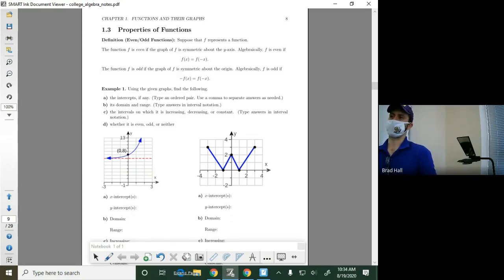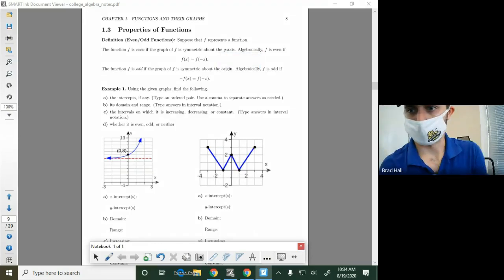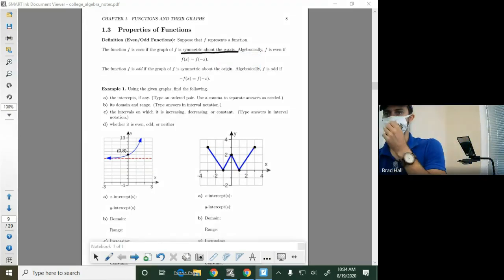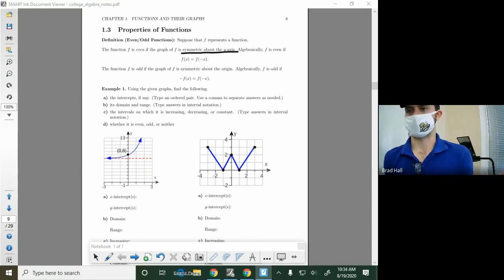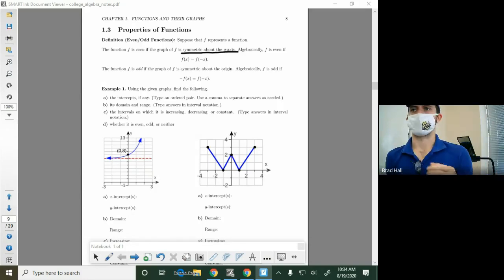We already talked about symmetry in a previous problem. An even function is when the graph is symmetric about the y-axis. So we had an even function that we dealt with before, with the pi's and everything. That was an even function. There's actually another even function on this page.